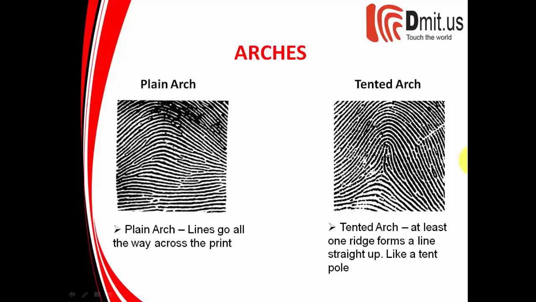So the tented arch, and I know I'm doing these out of order, but the tented arch goes up, but you can see an area right in the center where there are ridges that extend up but don't come back down. So do you see coming from the right-hand side right here, it goes up and then stops. So that's the tented arch. The regular plain arch just looks like a nice little mound or a hill, and all the ridges go all the way across the print, nice and neat.